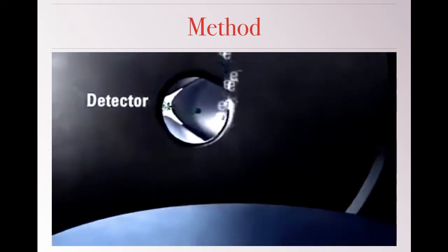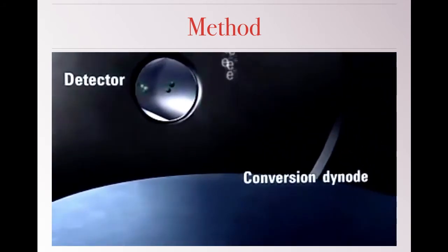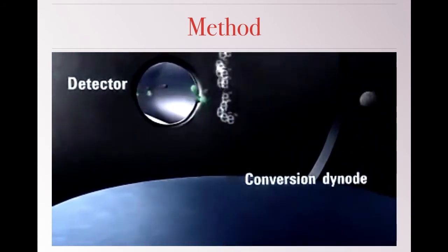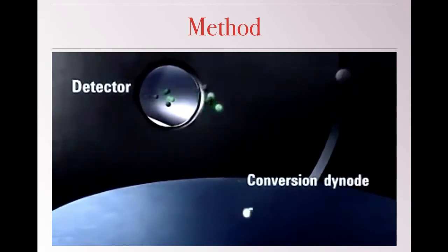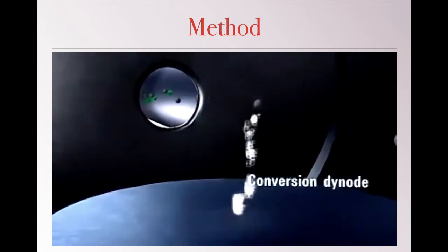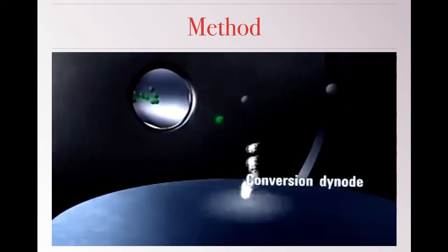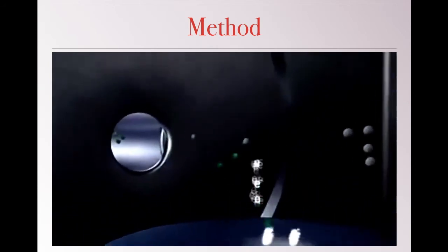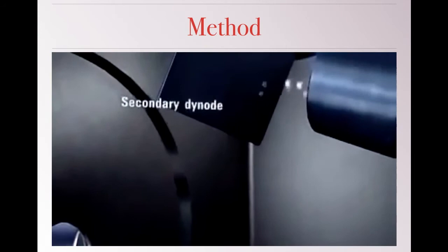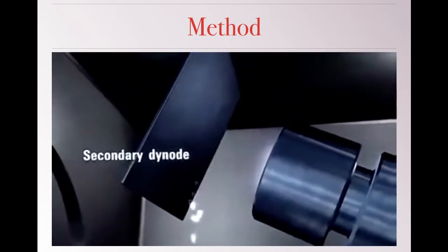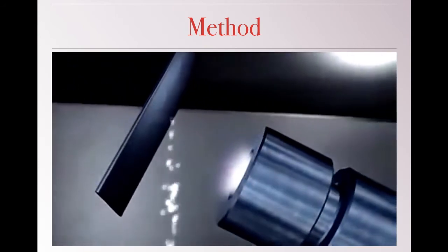In the detector, the conversion dynode operates at 10,000 volts to improve sensitivity. Because the conversion dynode is off the main axis of the ion path, neutral molecules miss the dynode, thus eliminating neutral noise. A secondary dynode helps extend the useful life of the electron multiplier.